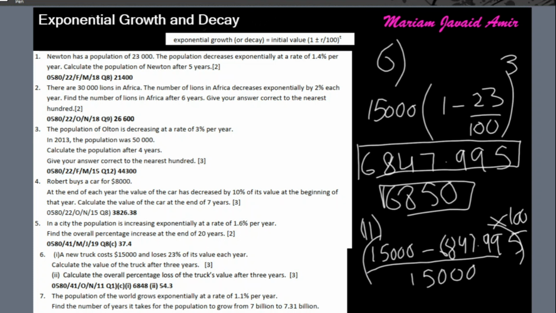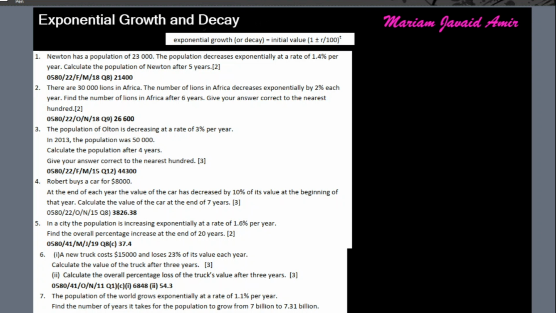So 15,000 minus the answer, because the previous answer is still flashing in my calculator, divided by 15,000 times 100, I get 54.3, rounded off to 3 significant figures. So this is the answer for question 6.